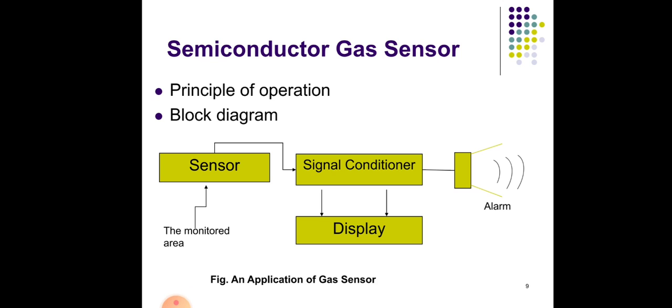When it comes in contact with 1% of methane gas, its resistance decreases from 50 kilo ohm to about 3.5 kilo ohm. We can use this change in resistance of these sensors to calculate the gas concentration.